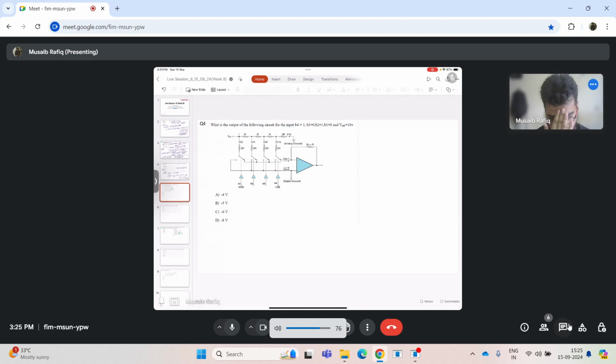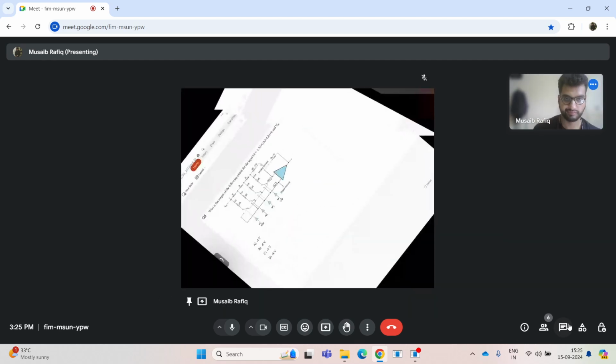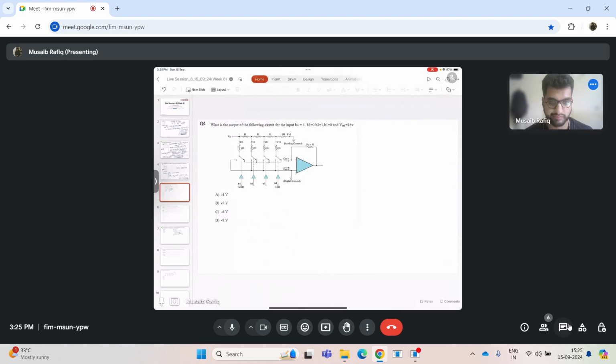Anyone in the audience? I would love to see your responses. But anyways, this is an R-2R ladder DAC.